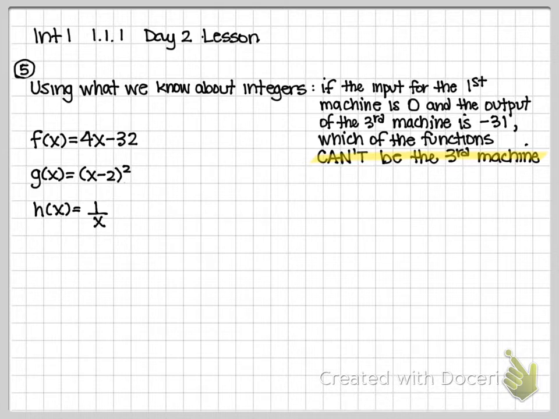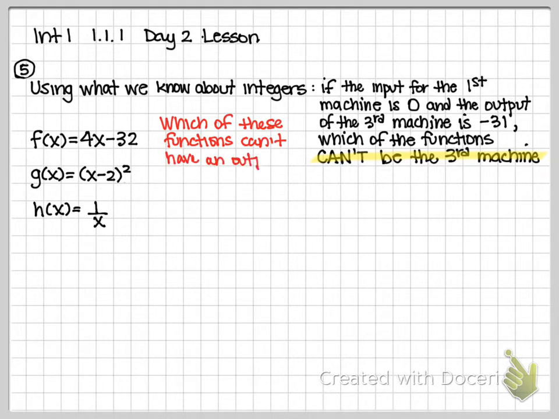So what can't go third? But we are talking about an output. So I'm going to put a little note over here off to the side. So we want to know which of these functions can't have an output of negative 31.